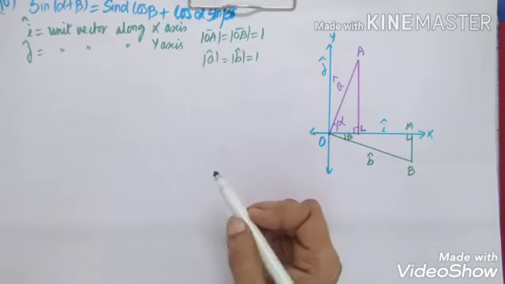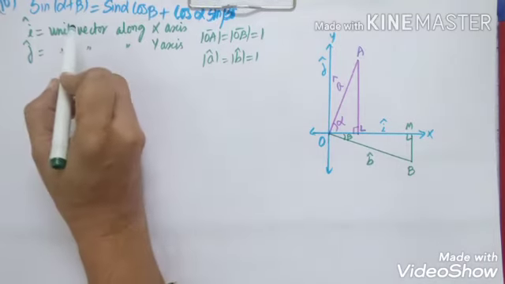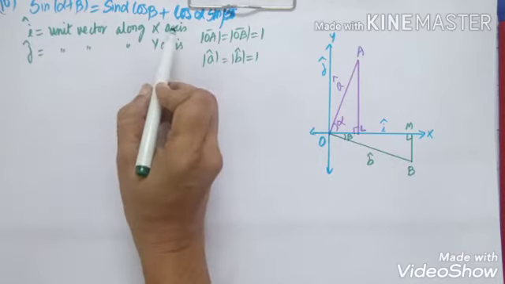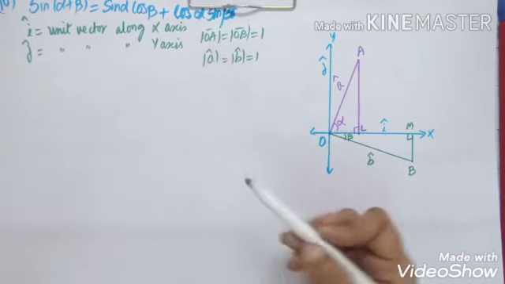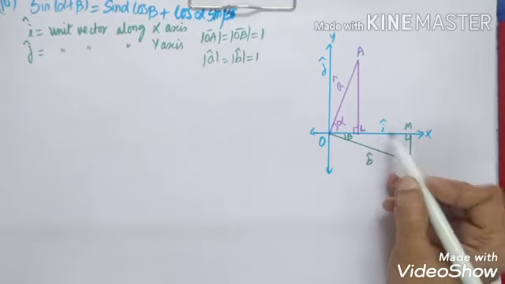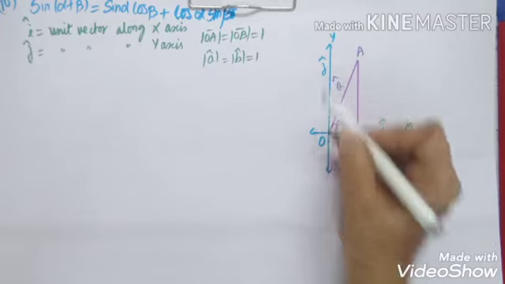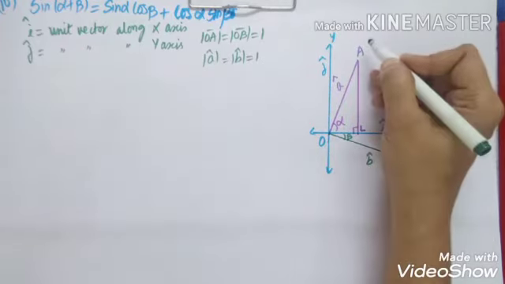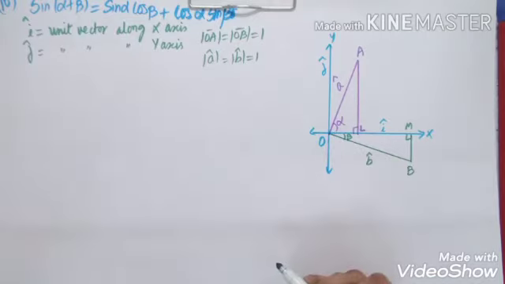Question number 10. We need to prove sin(alpha plus beta) equals sin alpha cos beta plus cos alpha sin beta. As usual, we have taken i, the unit vector along the x-axis, j, the unit vector along the y-axis, O being the origin. A makes an angle alpha.